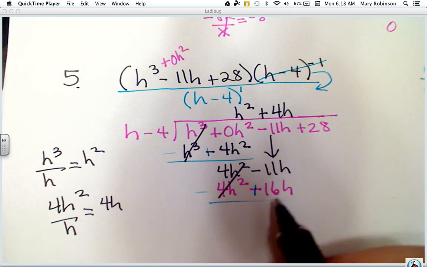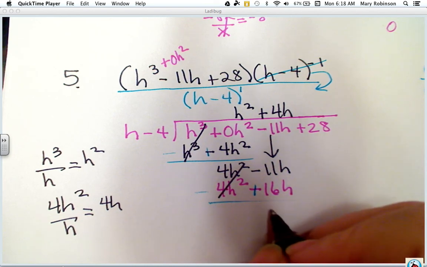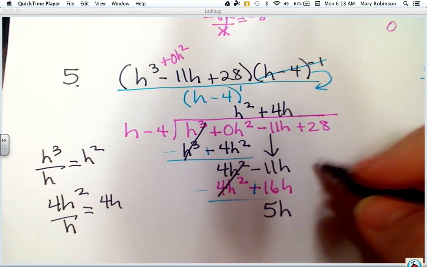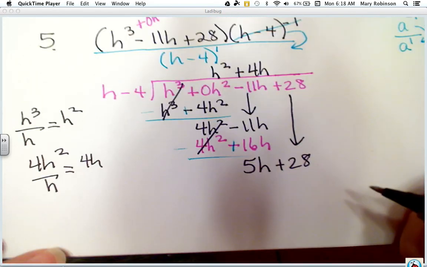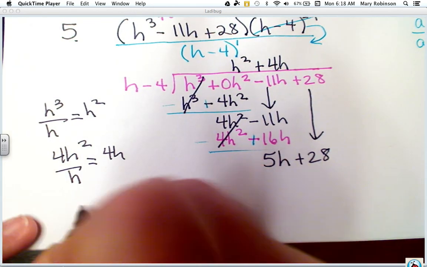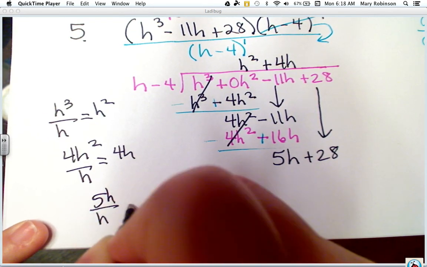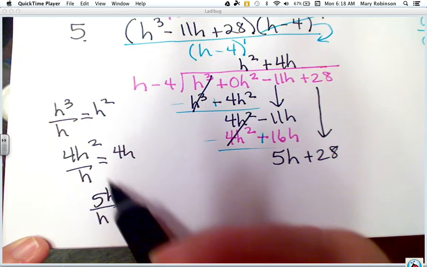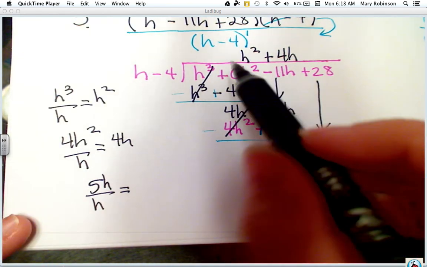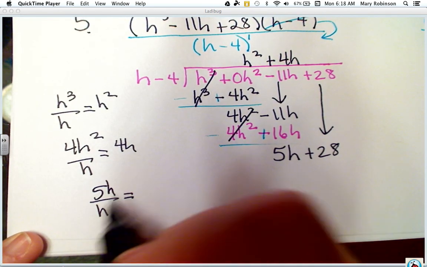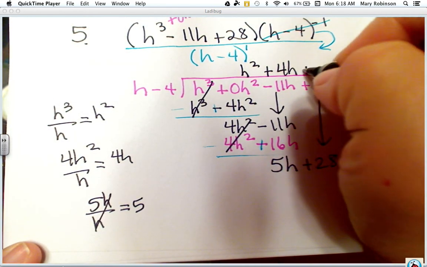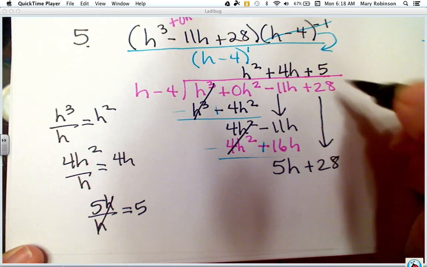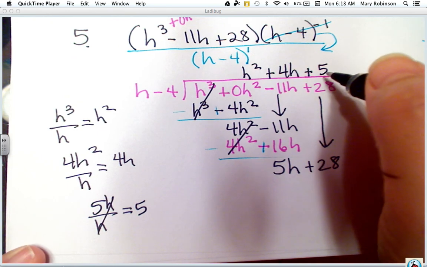Negative 11h plus 16h is 5h. Bring down the next term and repeat the process. 5h divided by h. Now you don't have to keep coming over here to write this. I'm doing this so you'll understand where these terms up here are coming from. Our h's would cancel, leaving 5. So we'll line up our positive 5 here above the 28 and then distribute.